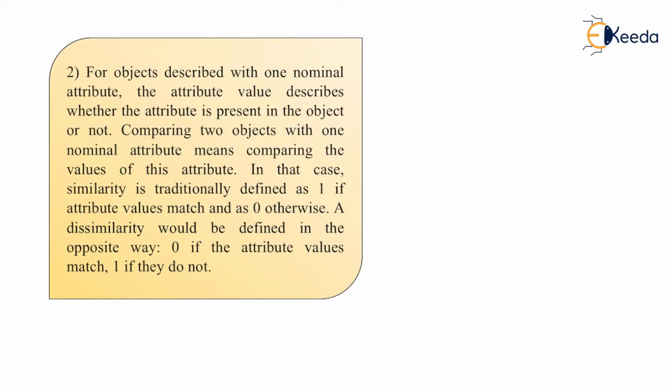In that case, the similarity is traditionally defined as 1 if the attribute values match, and 0 otherwise. If both objects' nominal attribute values match, we say it is 1. But if they do not match, it is dissimilar, and we say it is 0.